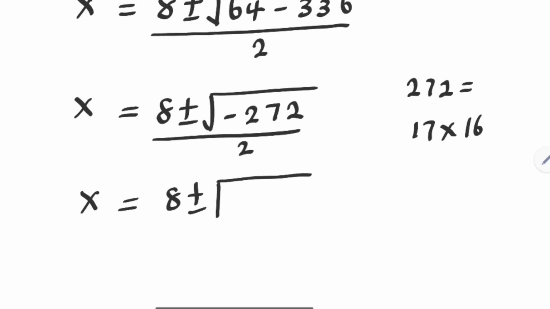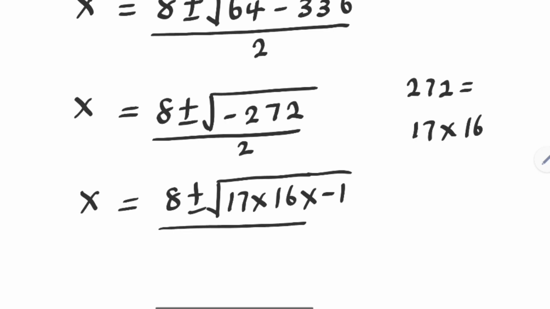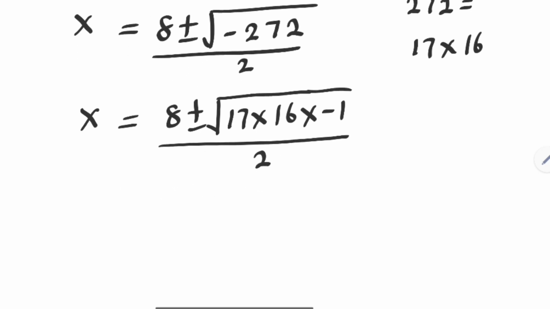Square root of minus 272 can now be written as square root of 17 multiplied by 16 multiplied by minus 1, divided by 2. x is equal to 8 plus or minus square root of 16, which is 4.